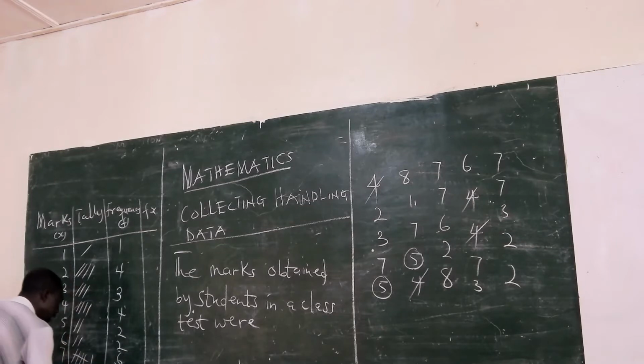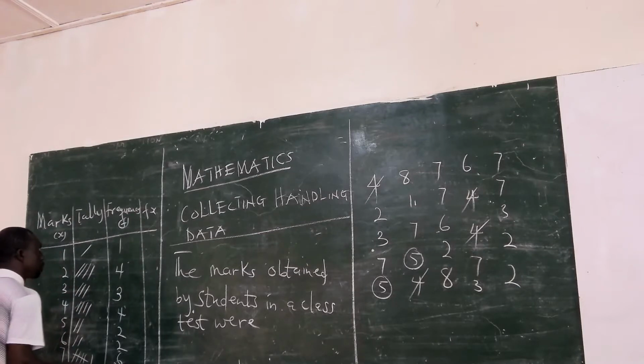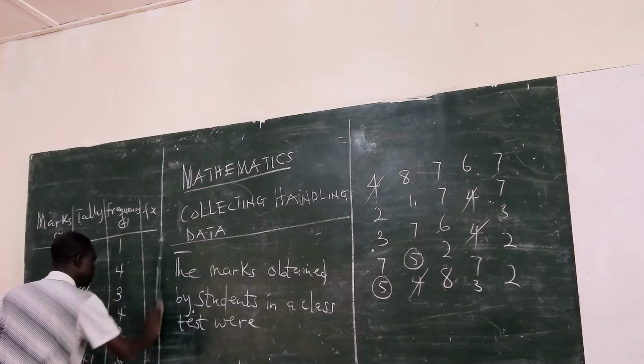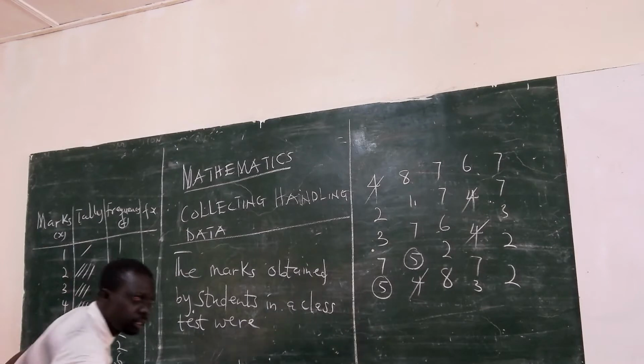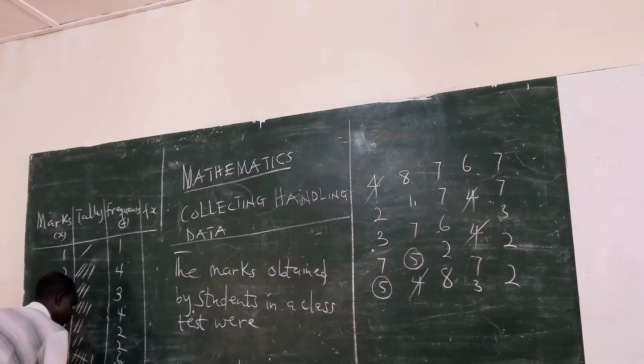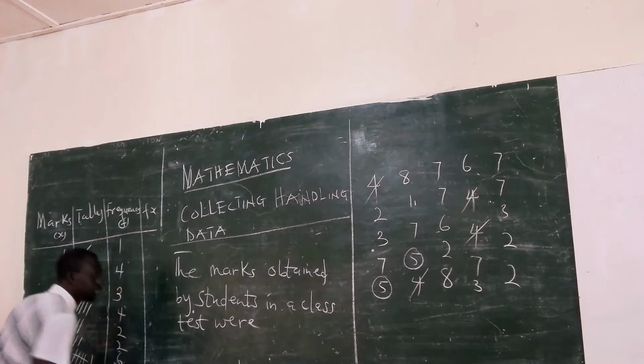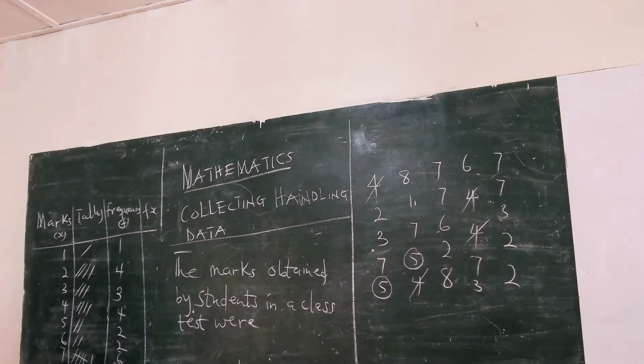After this one, we name here sigma F. We name here sigma F, that's summation of frequency. So let's find the total frequency.